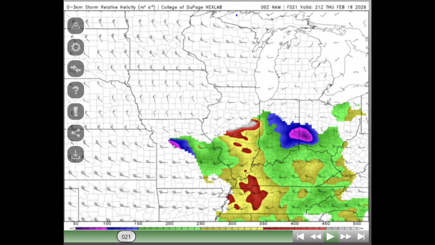This is very strong, as anything higher than 250 is considered sufficient for a tornado risk. It is because of this strong helicity and the expected discrete storm mode that the SPC is outlining a severe risk despite the low instability.